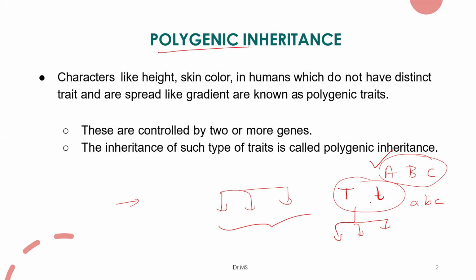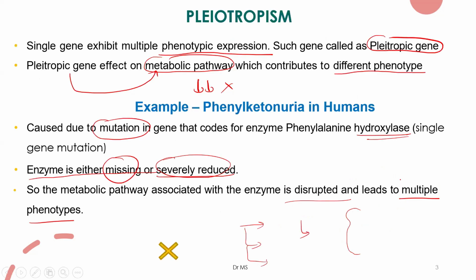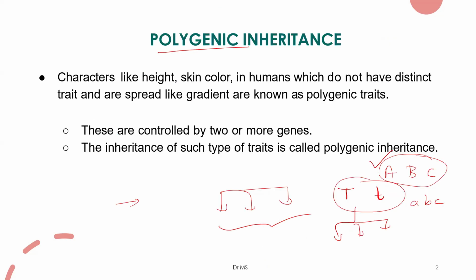That's polygenic inheritance, where a single character is controlled by multiple genes. Whereas here the main important enzyme is working inefficiently and that's giving different outputs. So that's pleiotropism. Is that clear? What is the difference between pleiotropism and polygenic inheritance?